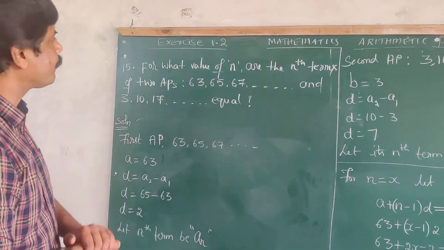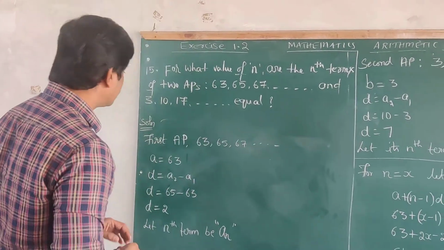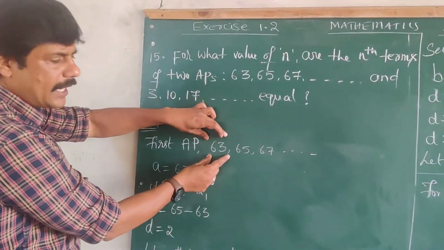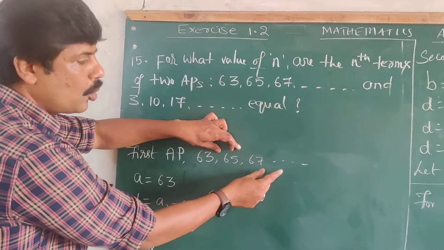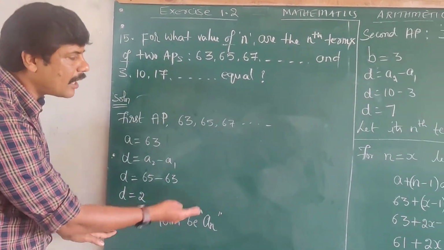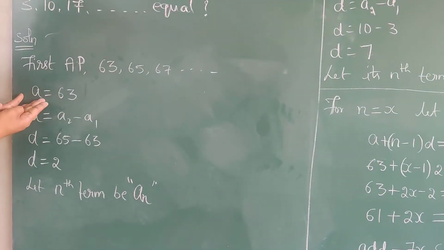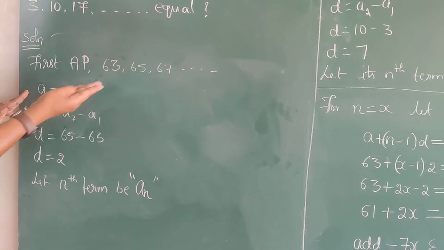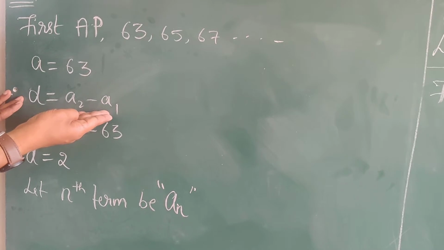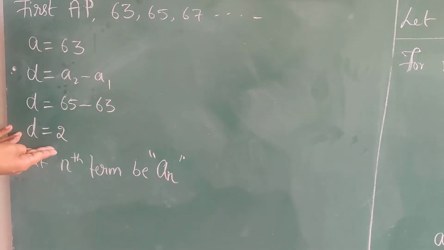Understand, children? Now, to know that, we need to know which two APs are given. The first AP is 63, 65, 67. Its nth term we do not know, so we let the nth term of this AP be an, and its first term is visible, a equals 63. The common difference d is the second term minus the first term: 65 minus 63, which gives a common difference of 2.